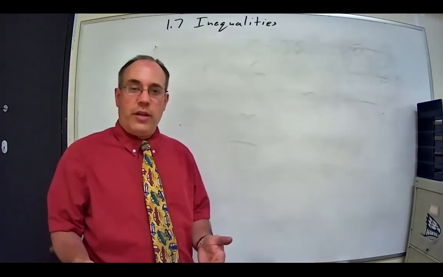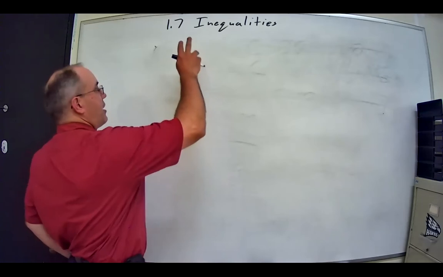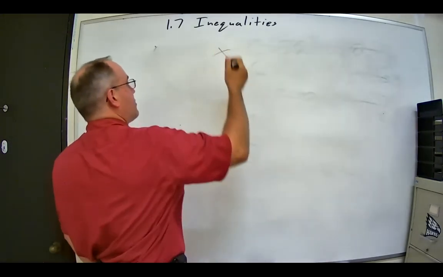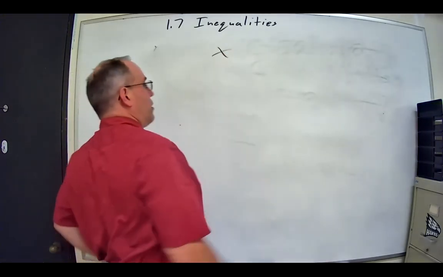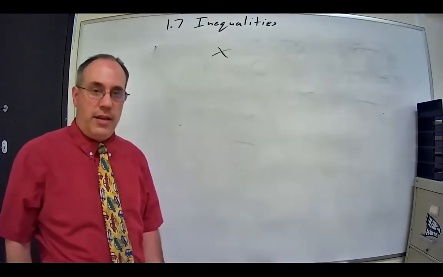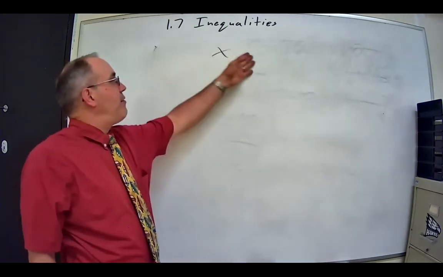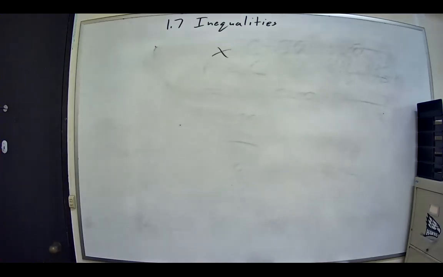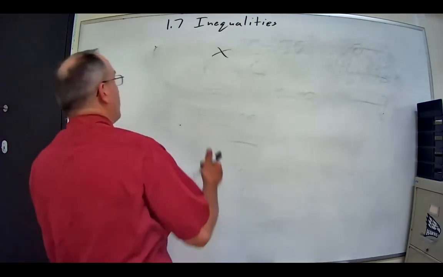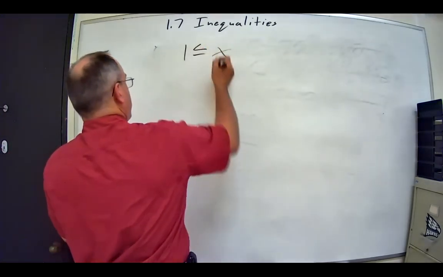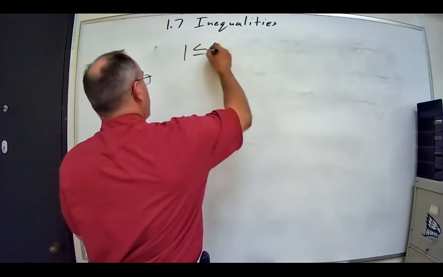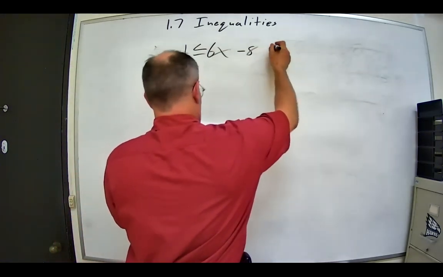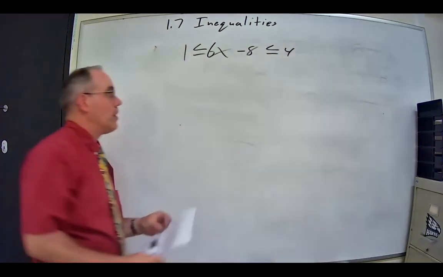Well, a three-part inequality means instead of just having x less than or equal to something, we have x in the middle or some relation of x in the middle, and then we have inequalities on either side. So just to grab an example here, 1 less than or equal to 6x minus 8 less than or equal to 4.